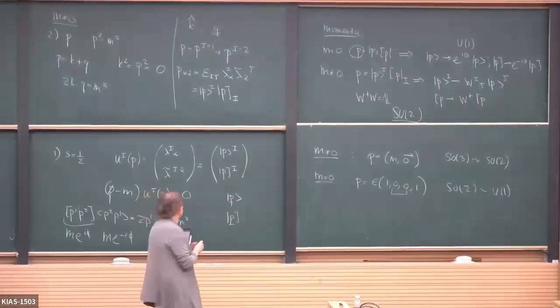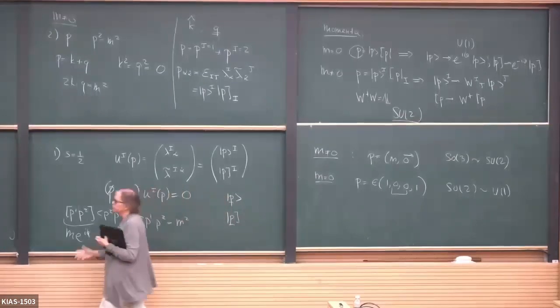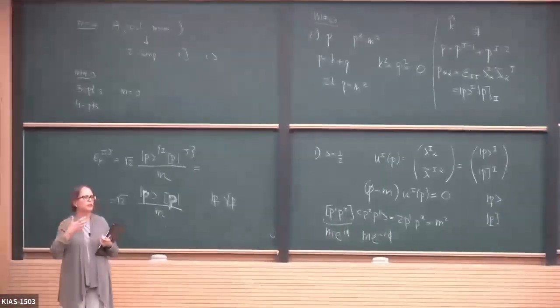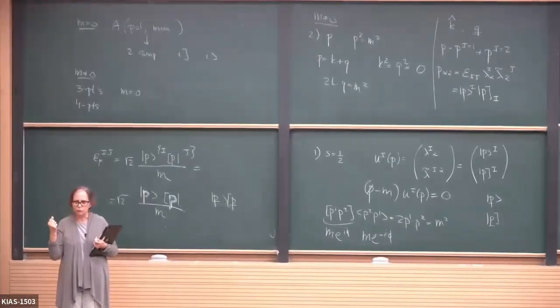Okay, so why does this help us? It helps us because this is telling us what is the charge of the amplitude under the little group.